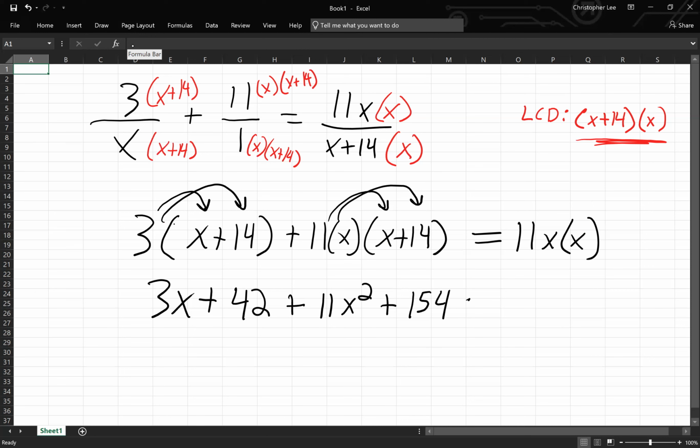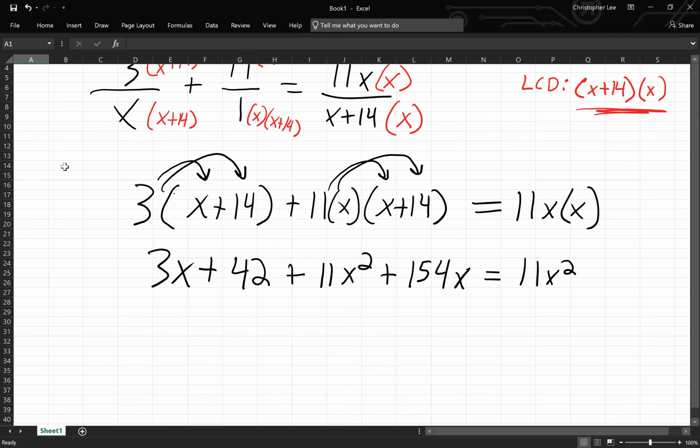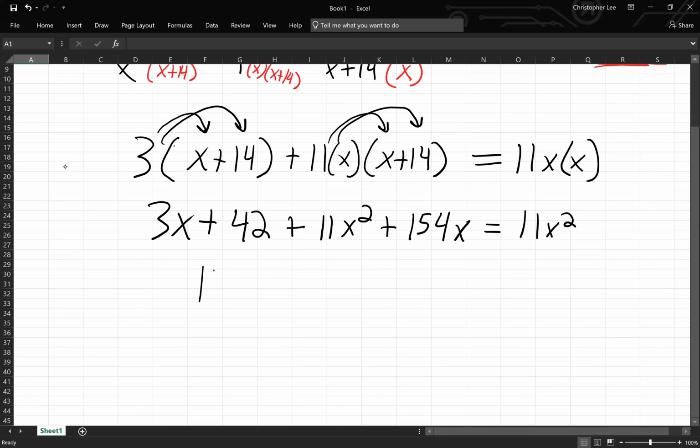So 154x is equal to what? 11x squared. After this, what do we want to do? Combine like terms. So what do I have? I have 11x squared plus 3x plus 154x is 157x, I believe, right? Plus the 42.